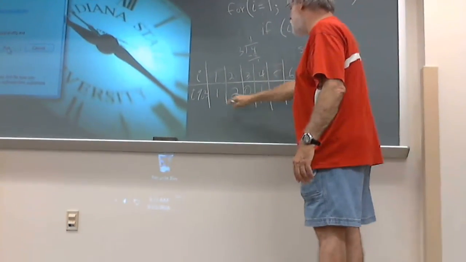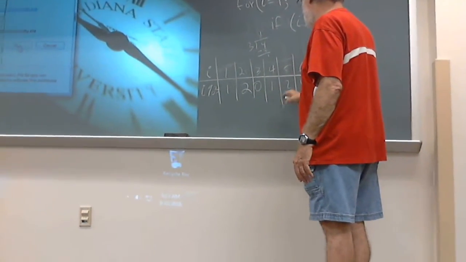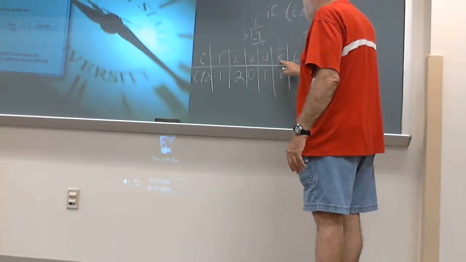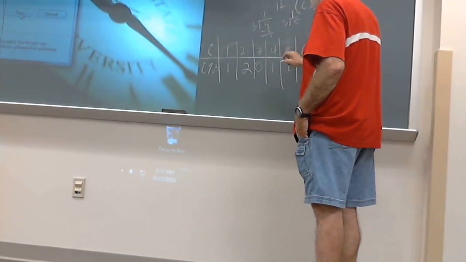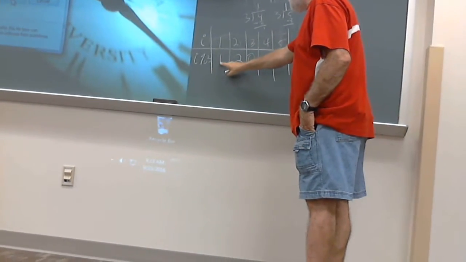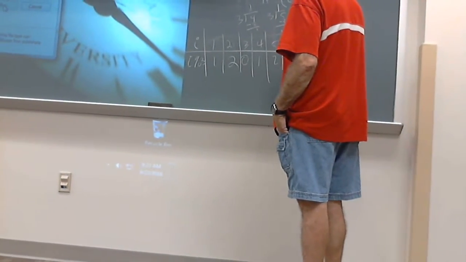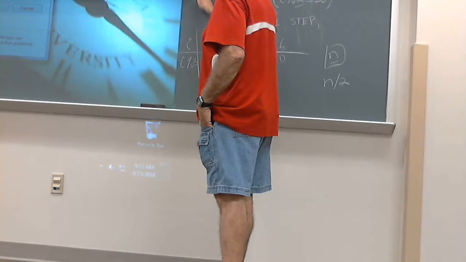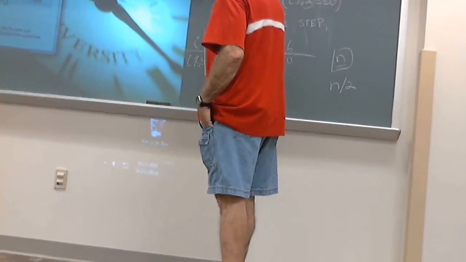So it goes 1, 2, 0, 1, 2, 0 over and over again. 3 goes into 5 just once. 1 times 3 is 3, but when I subtract, I get 2. So notice the pattern. The remainders are 1, 2, 0, 1, 2. Now when I get all the way over to 6, 3 divides into 6 twice. 2 times 3 is 6. There's no remainder.